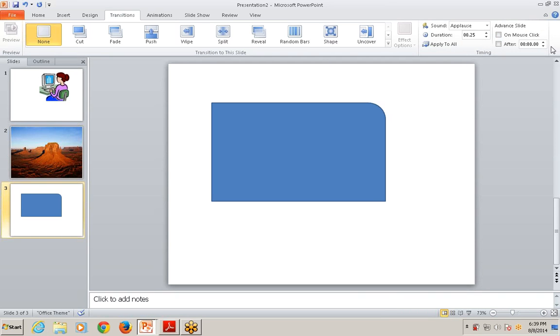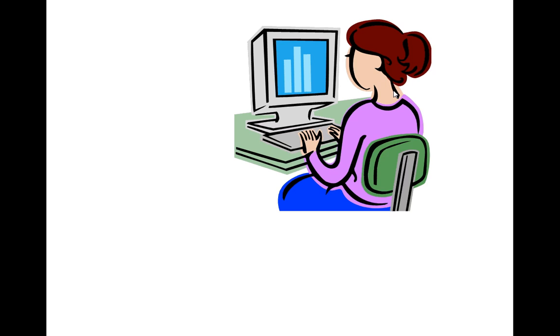This is Advance Slide. You can give the duration as after 1 minute. If I'm giving 1 minute, after 1 minute it will jump to the next slide. Let's see after 1 minute.